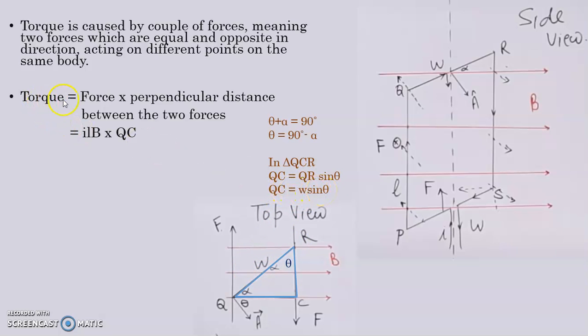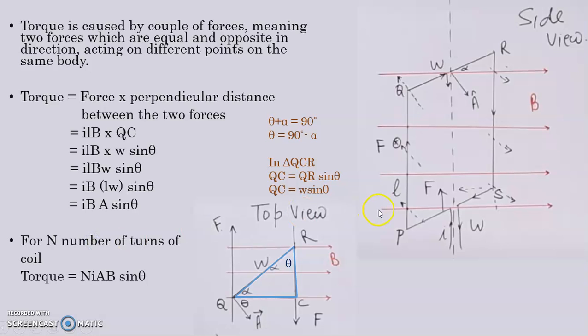So in the formula for torque, let us substitute instead of QC, W sine theta. Length multiplied by width of the coil will give us area of the coil. So instead of LW, let us write it as A, meaning area of the coil. For n number of turns of the coil, torque will be equal to number of turns of the coil multiplied by I, A, B sine theta.